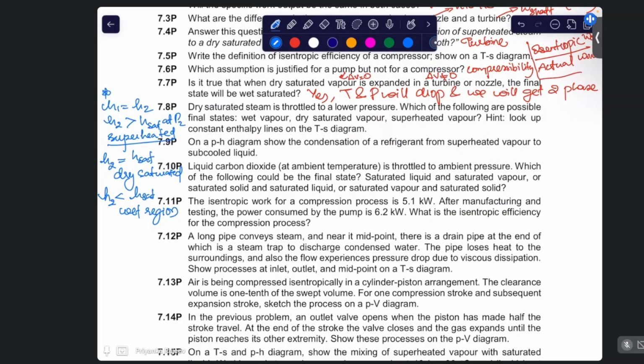CO2 can form dry ice only if temperature drops below the sublimation line. The throttling is like a constant enthalpy process. So depending on the initial enthalpy, final pressure, and the shape of the CO2 phase diagram, we are going to cross into a region where some of it can be solid plus vapor, commonly known as CO2 snow.